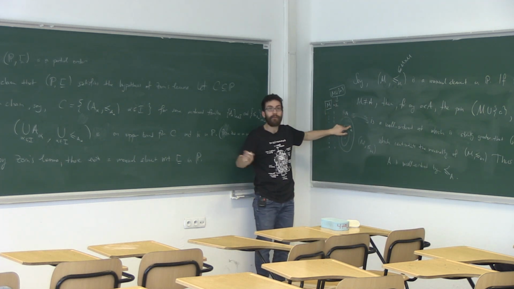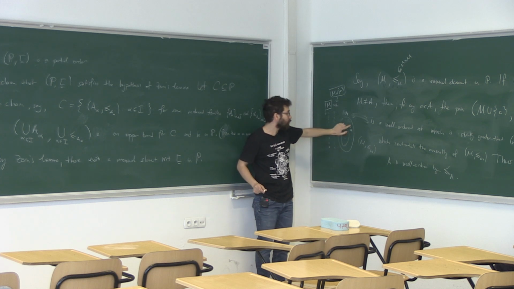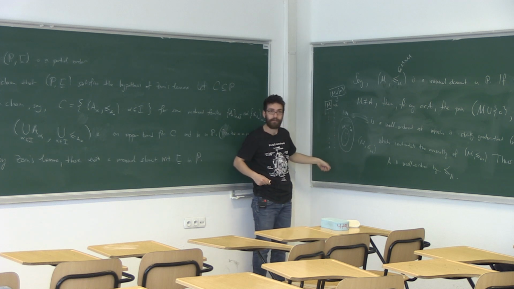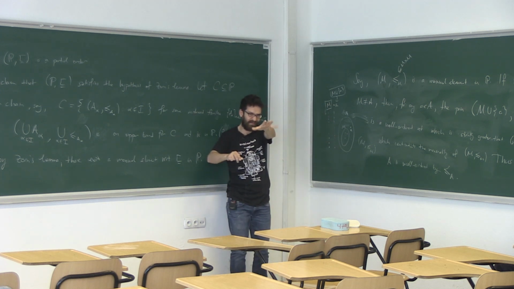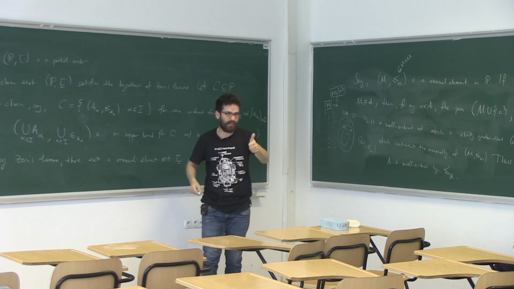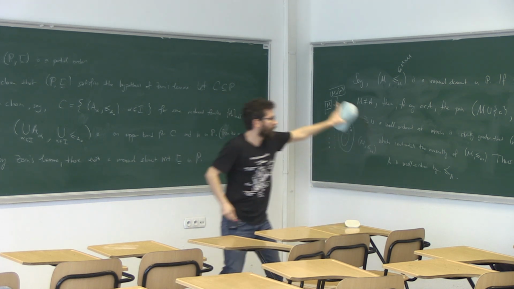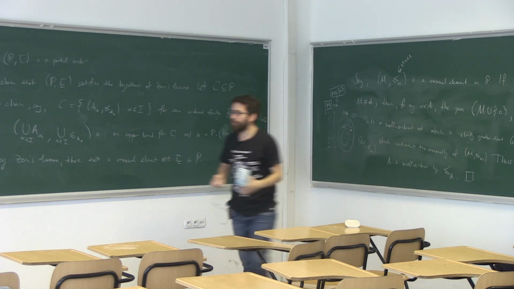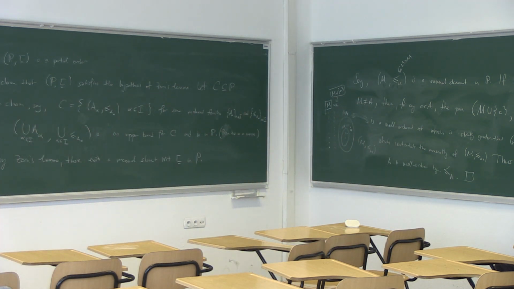This a priori has nothing to do with these guys. You can't compare this with these guys. I'm defining it so that it is greater than all these guys. Yeah, okay. Okay? Other questions? So, this finishes the proof of the well-ordering theorem.